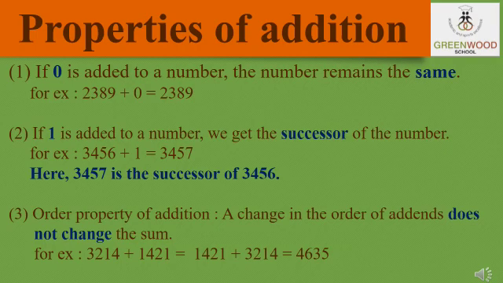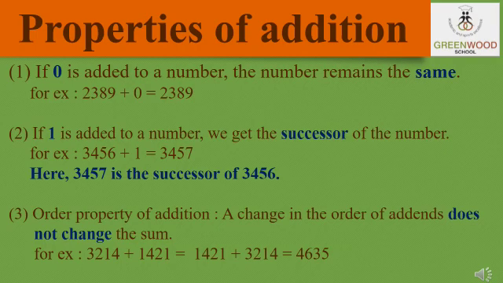Successor means the next number. For example, 3456 plus 1 is equal to 3457. That is, 3457 is the successor of 3456. That is the next number.